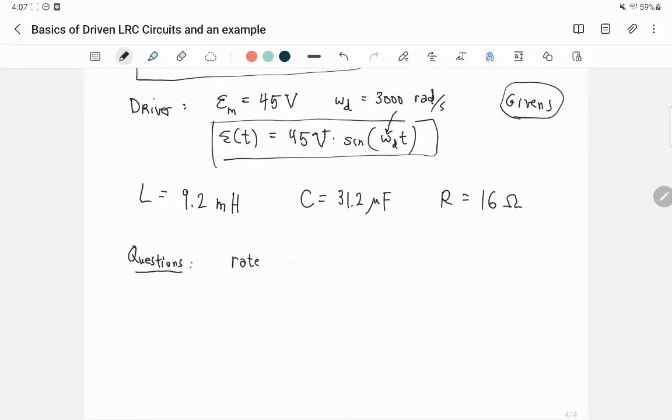Rate at which driver supplies energy, right? So this is question A. What is the rate at which the driver supplies energy?